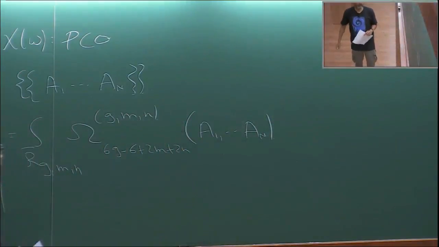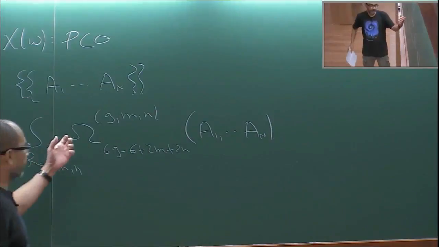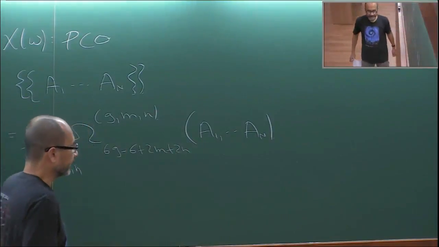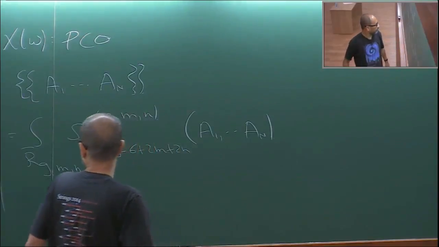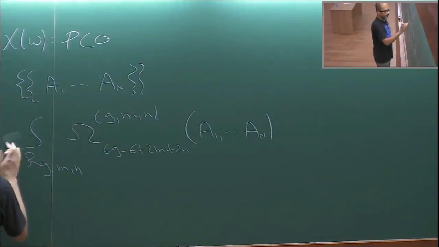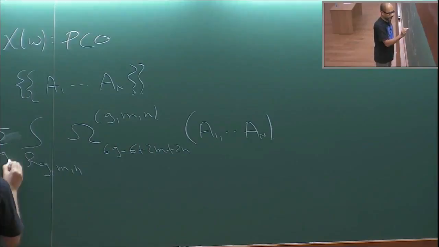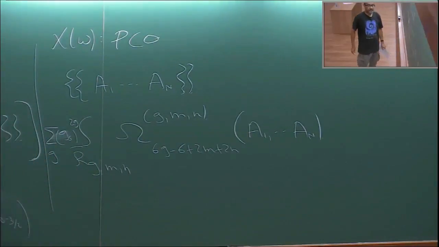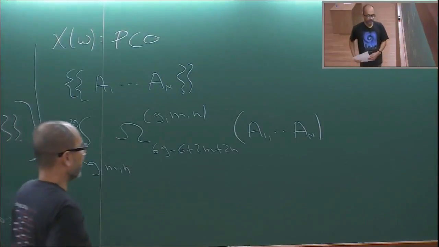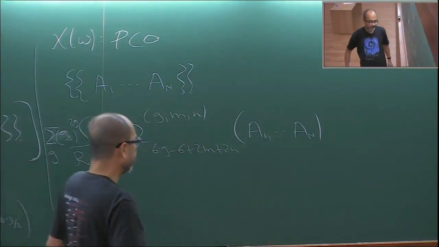If you don't remember what it is, it doesn't matter that much. This is some correlation function on a genus G Riemann surface, summed over G with Gs to the 2G, with vertex operators A1, A2 up to An.